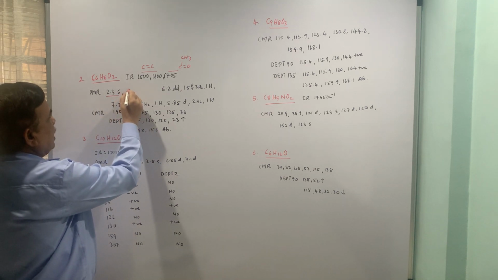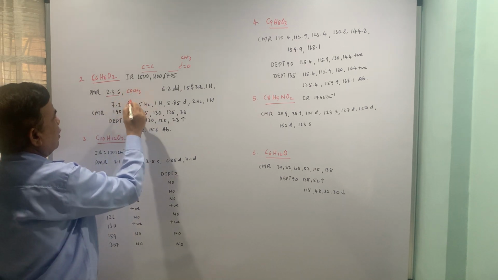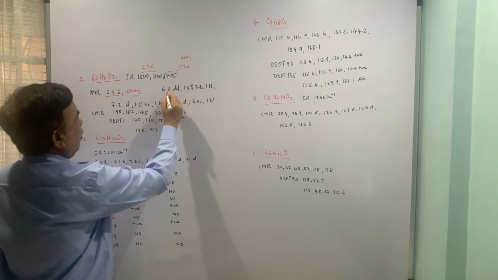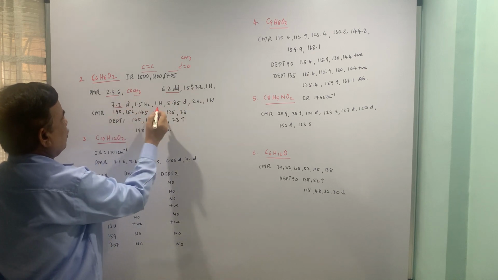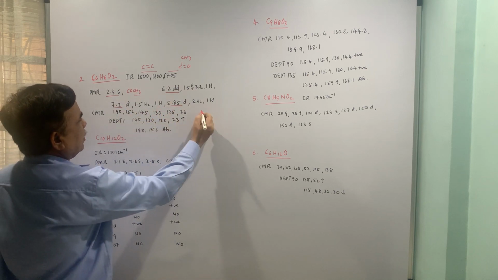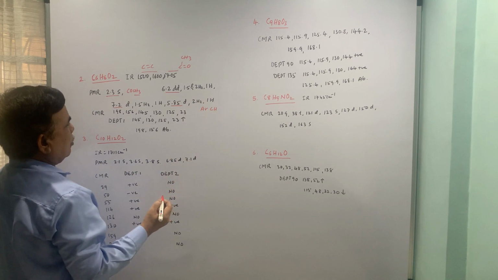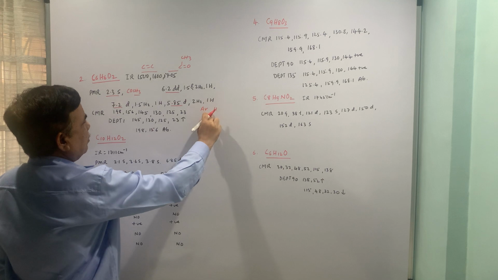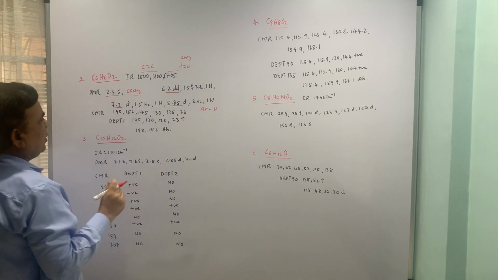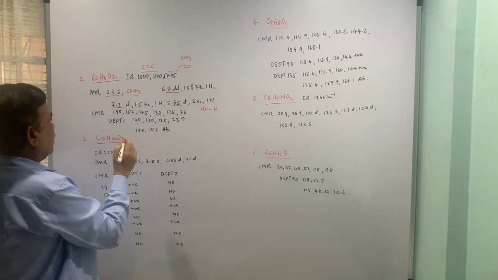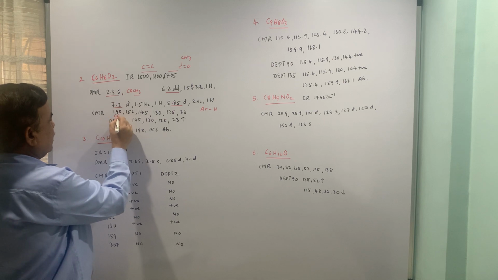This looks like COCH3, 6.2, 7.2, 5.8. These are aromatic protons, you can say, not carbon here, because that is proton NMR. 198 is carbonyl.